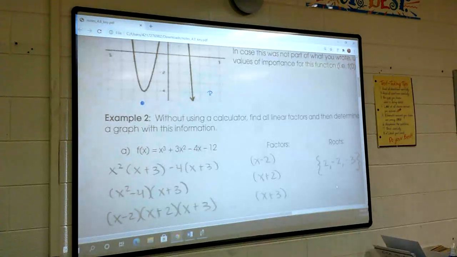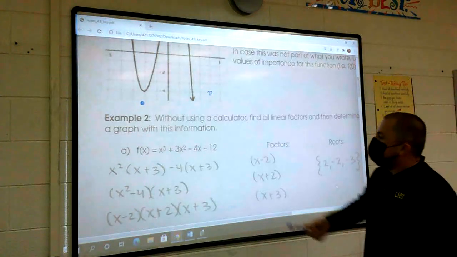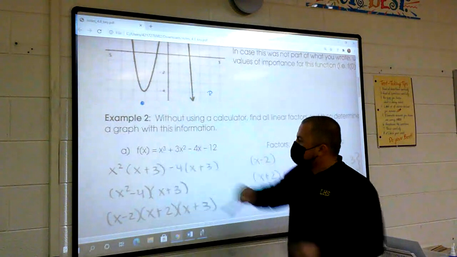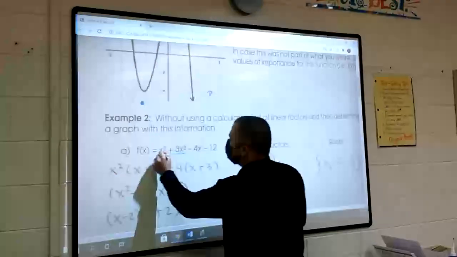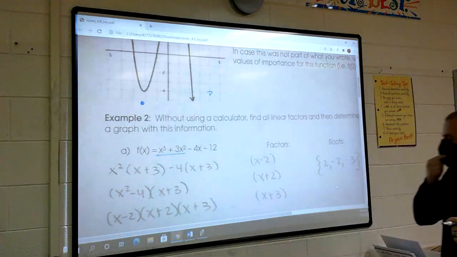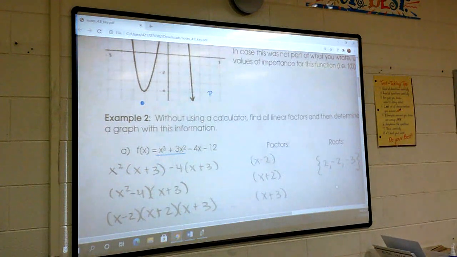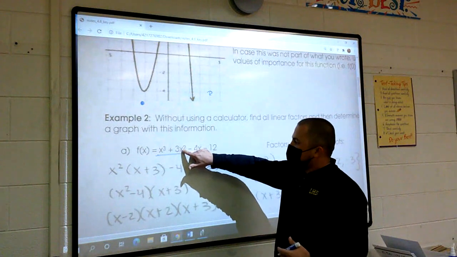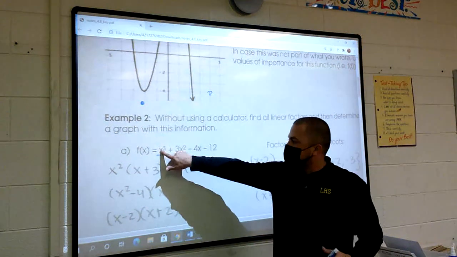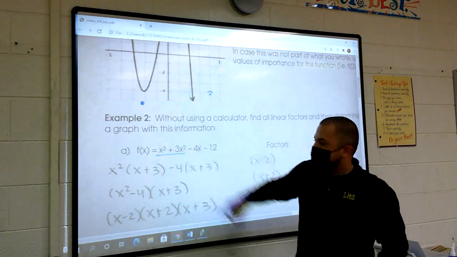So what we're looking at here is x to the third and 3x squared, these first 2 terms, and we say, what can we take out of x to the third and 3x squared? Meaning, what do they have in common? What do they both have? They both have at least 2 x's, x squared and x to the third. This one has 3, this one only has 2. So we can take out an x squared.